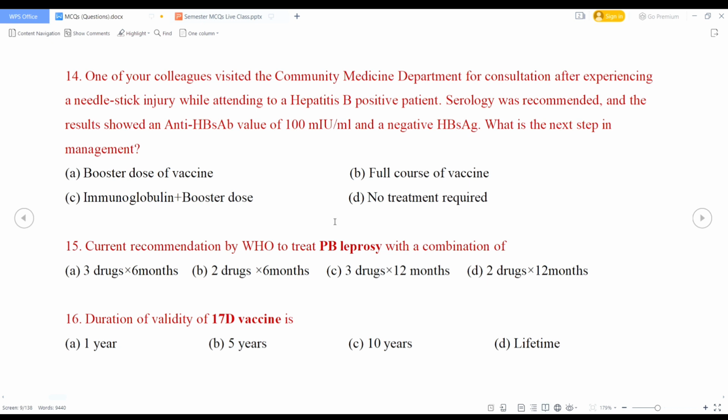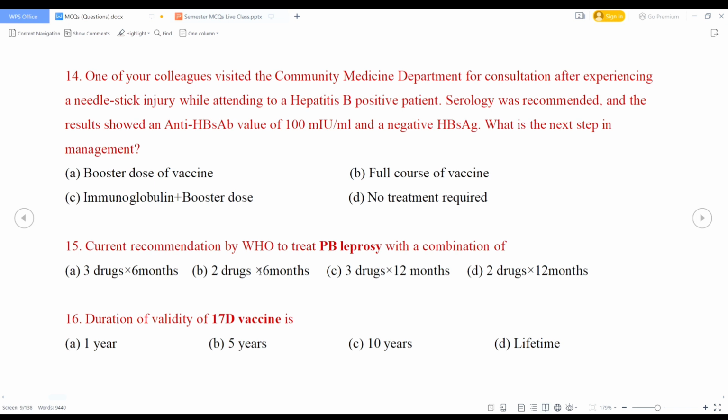Current recommendation by WHO to treat paucibacillary leprosy with a combination of... So answer the question. As per the current recommendation by WHO, both paucibacillary and multibacillary leprosy are treated with the combination of 3 drugs, that are clofazimine, dapsone and rifampicin.